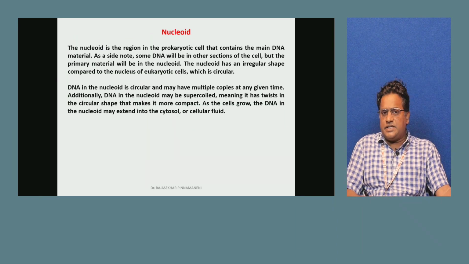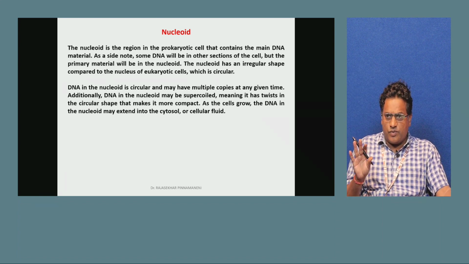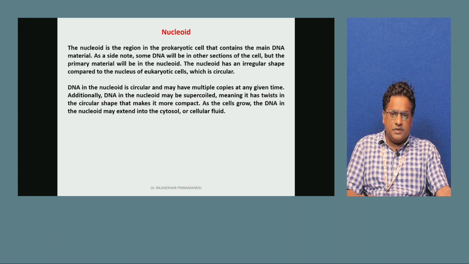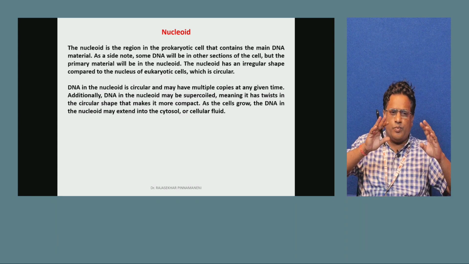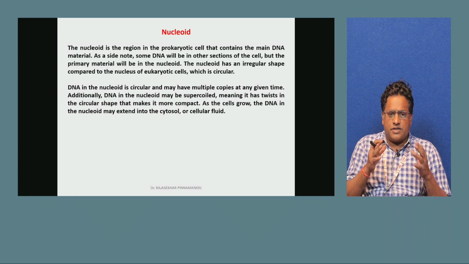Then the nucleoid is another structure, which is not as organized. You won't find it in eukaryotes. In prokaryotes, it's a region that contains DNA, and it's not a well organized structure.